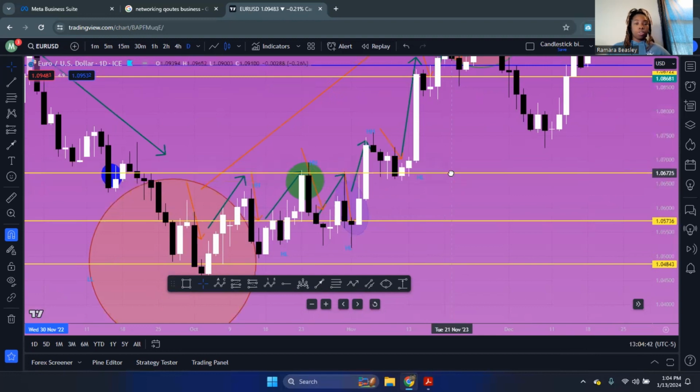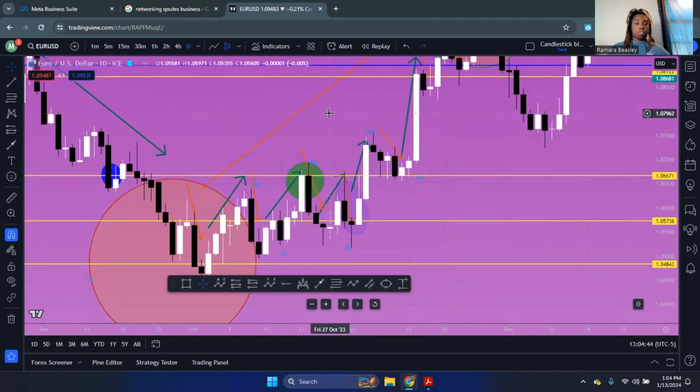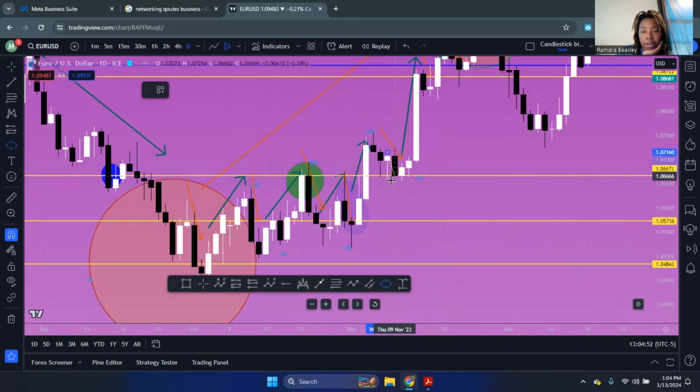Even if we move it here. All right, so here's that pin bar.